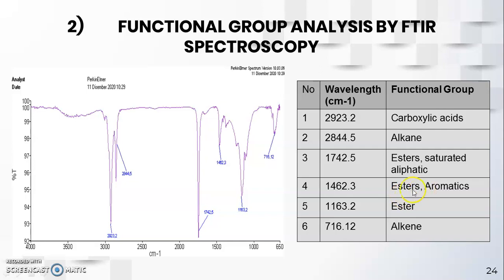This one, and this one. So, these 3 ester functional groups prove the presence of triglyceride.